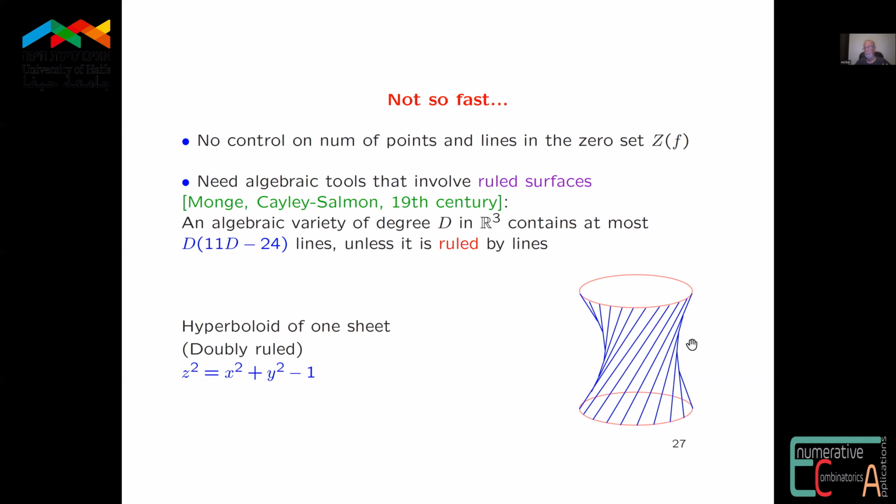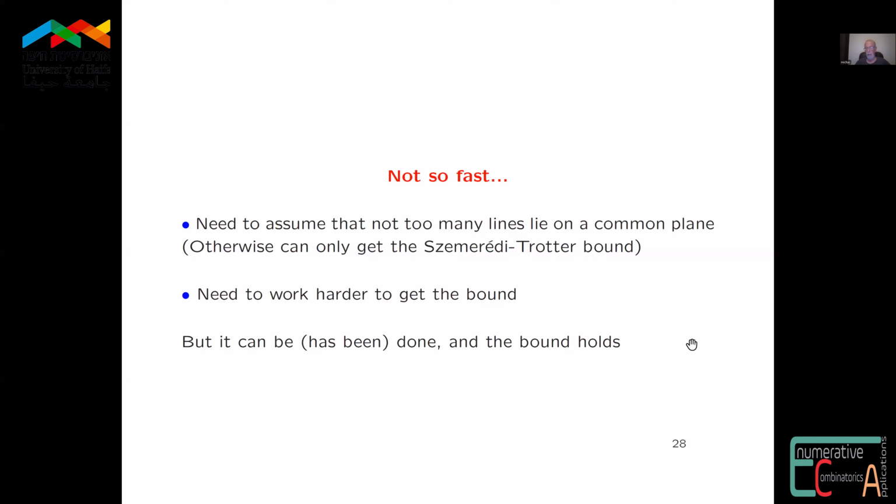So you need to worry about such surfaces, whether they are ruled or not ruled, but it works. I'll skip the details, and with this extra argument, you get the Guth-Katz incidence bound, for which you get Elekes' conjecture.